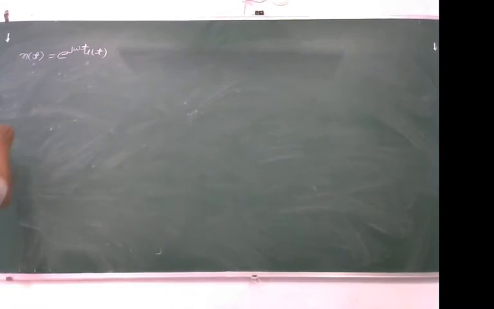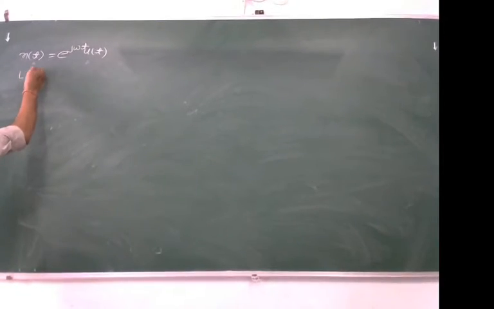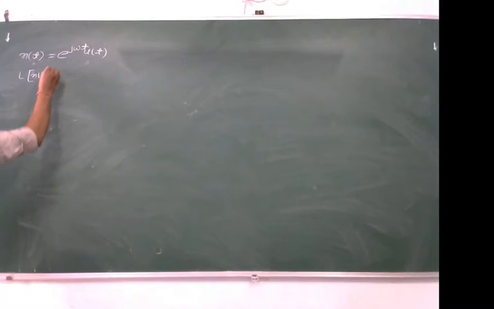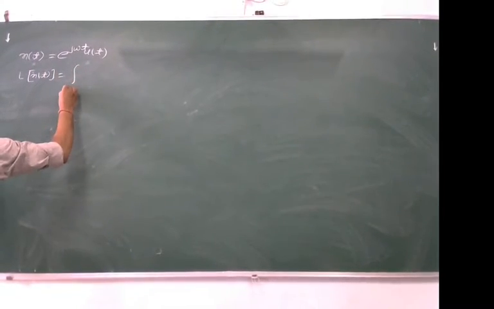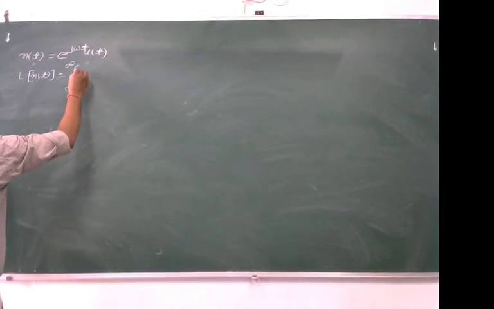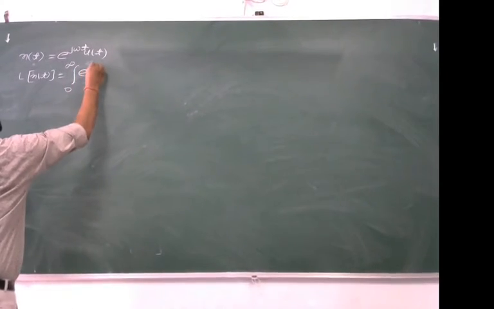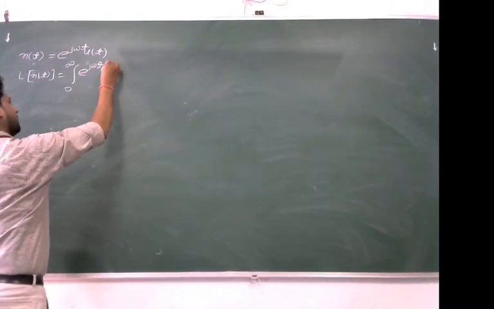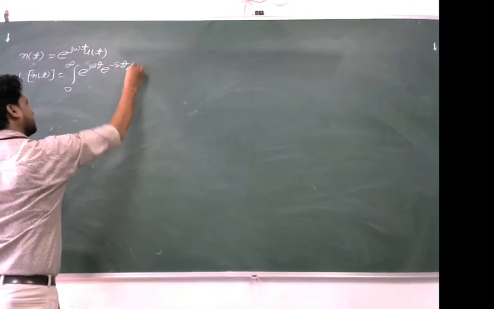We can find the Laplace transform with the standard relation. Laplace of x(t) will be equal to the integral from 0 to infinity of e^(j omega t) into e^(-st) dt.